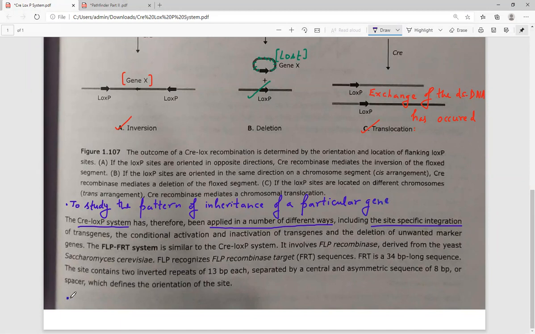It is used to make temporal knockouts of a gene, and to study its functionality.